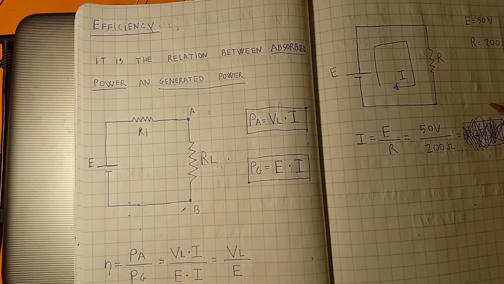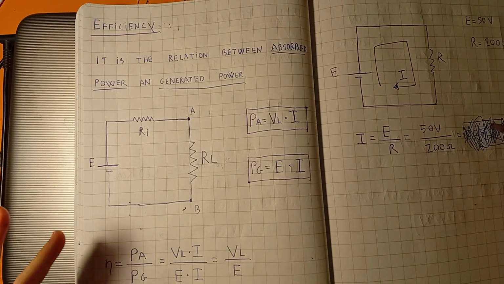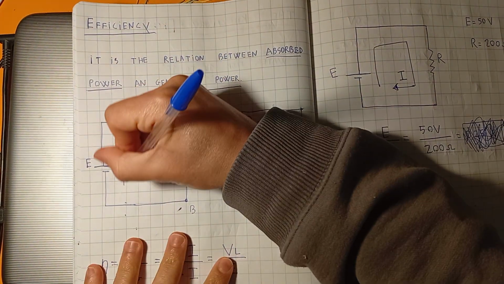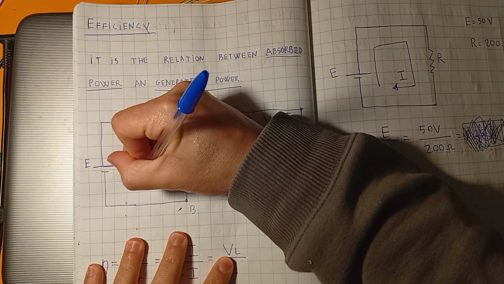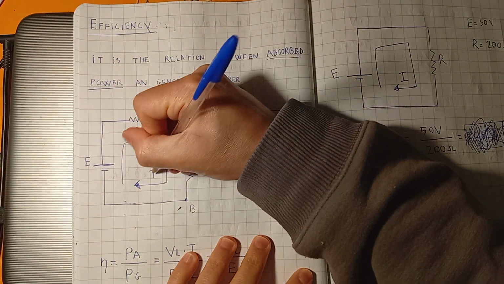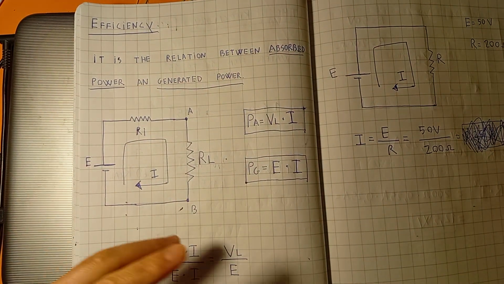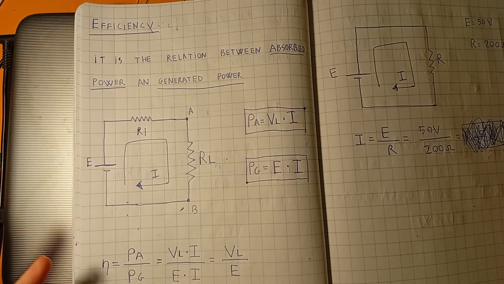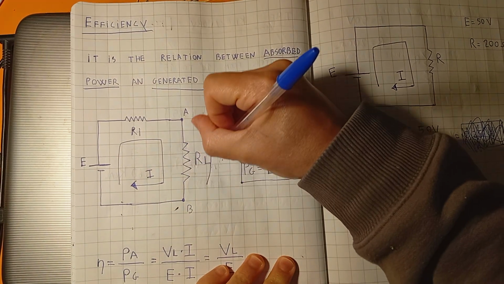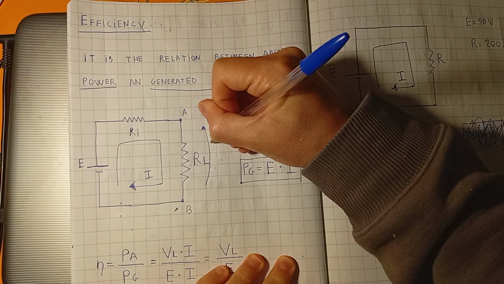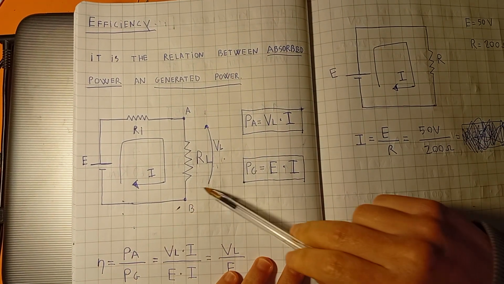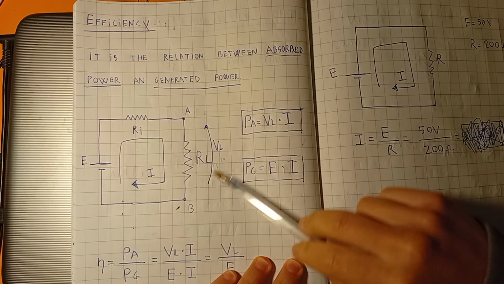What is the absorbed power? In this circuit, there will be a current flowing in this way, conventionally. And if there is a current flowing in this way, obviously there will be a voltage drop here. Let's call it VL.